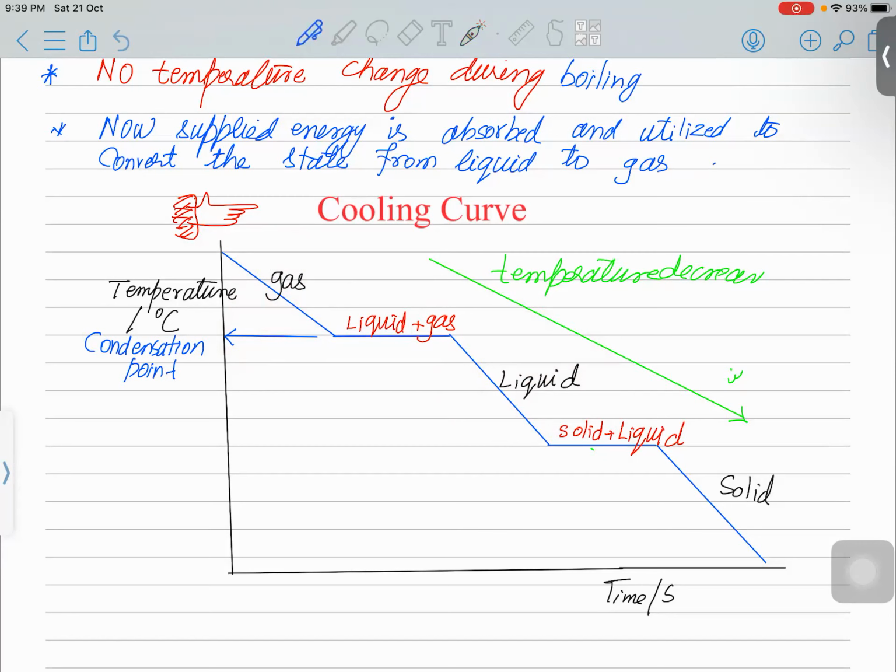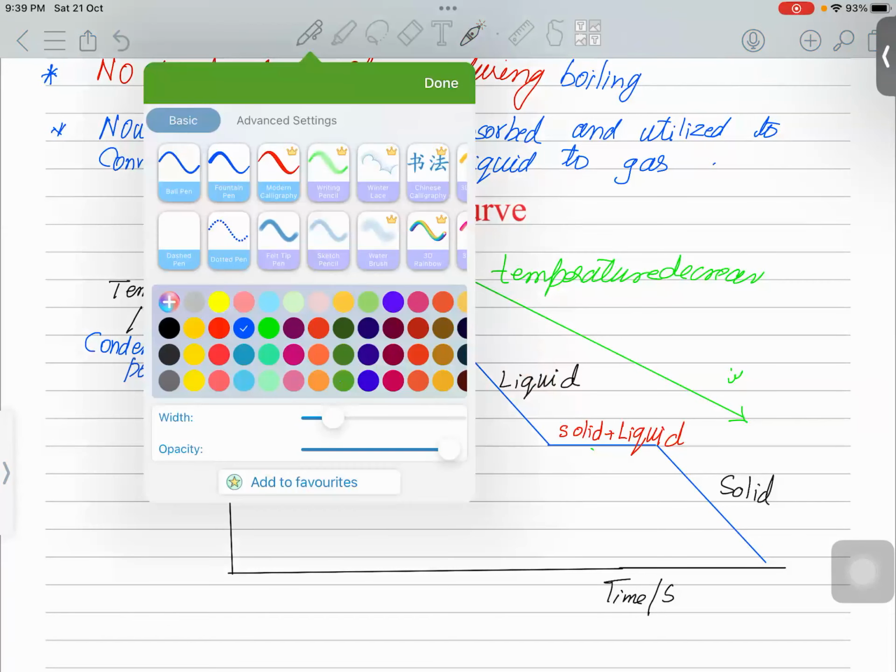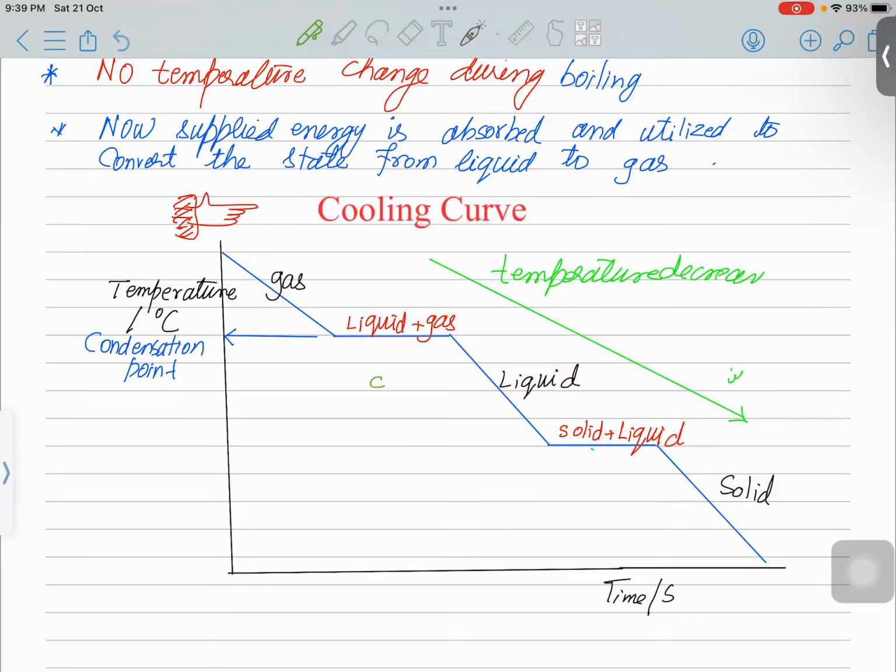So you look at here. This is called condensation. This process is called freezing. Yes.